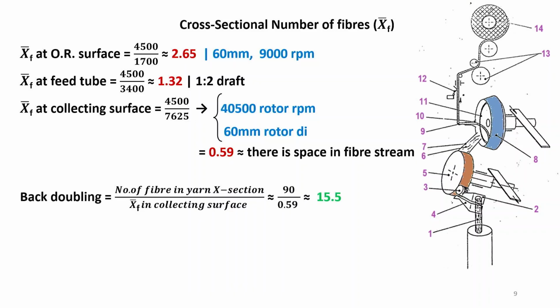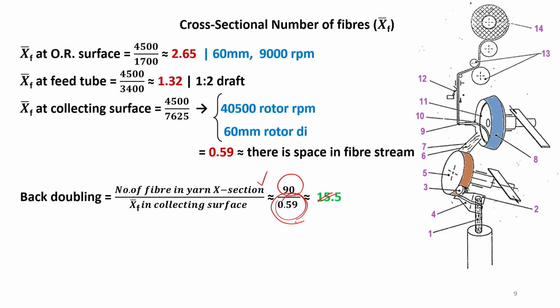And now back doubling. So, what is back doubling? The number of fibers in the yarn cross section is 90, and 90 we have got from 0.59. So, 90 divided by 0.59, I think something is wrong there. 90 divided by 0.59, we can calculate.